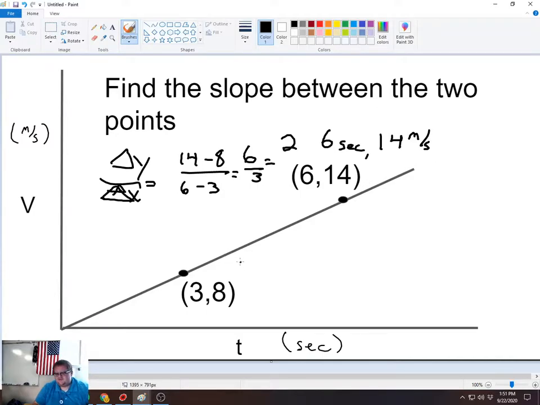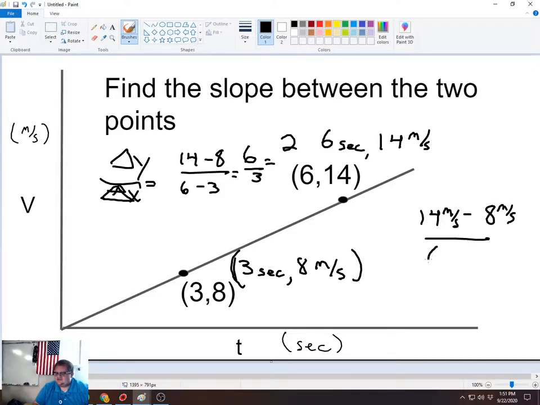And then this will be 3 seconds, comma 8 meters per second, because those are velocities on the y-axis. Okay, so if I replace this on top, I'd have 14 meters per second minus 8 meters per second, divided by 6 seconds minus 3 seconds.